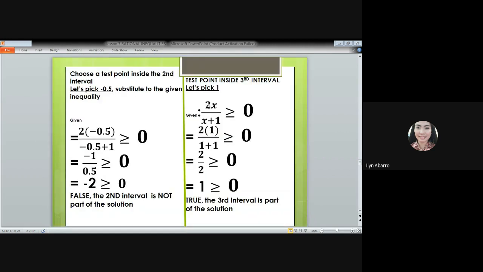So, 2 times 1, here it goes, over 1 plus 1 is greater than or equal to 0. 2 times 1 is 2. 1 plus 1 is also 2. 2 over 2 is 1. Is that greater than or equal to 0? So, 1 is greater than 0. So the answer is true. The third interval is part of the solution.